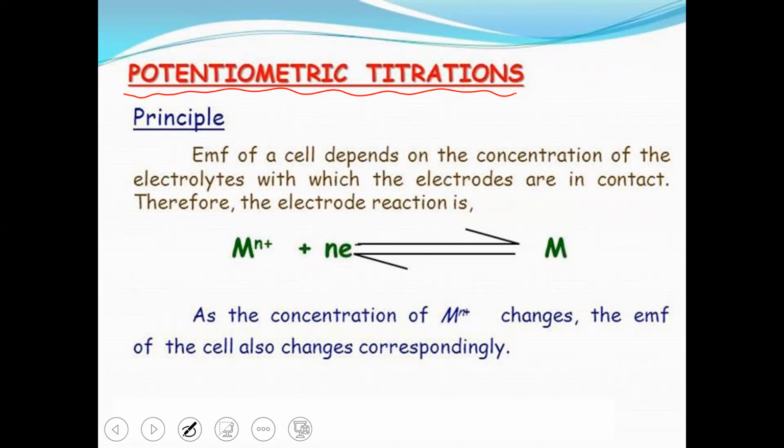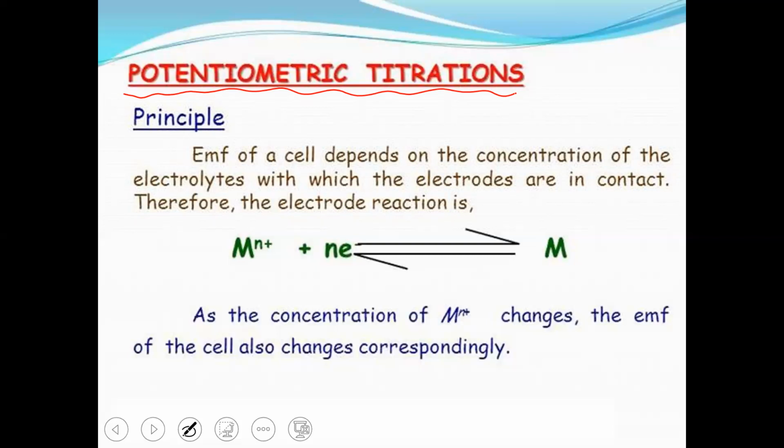See the difference between the conductometric titrations and potentiometric titration. Both are nearly the same. In conductometric titrations we are using the conductometer, which gives the conductance values. Here we are using the potentiometer. By using the potentiometer, we can easily find out the end point of the solutions.